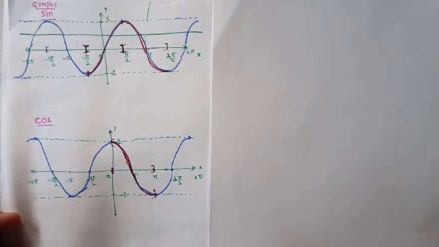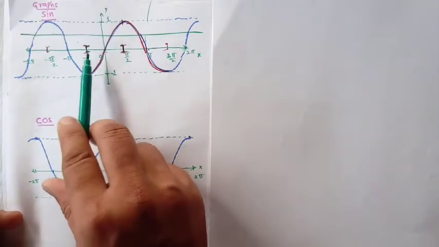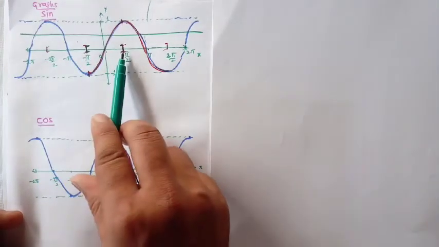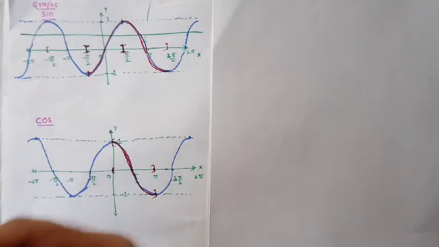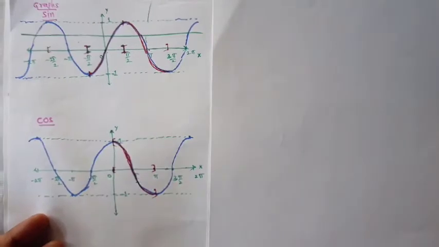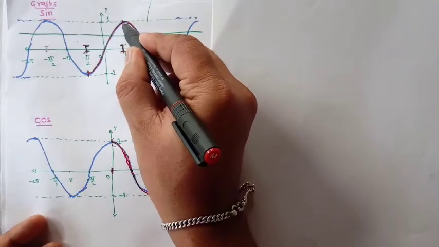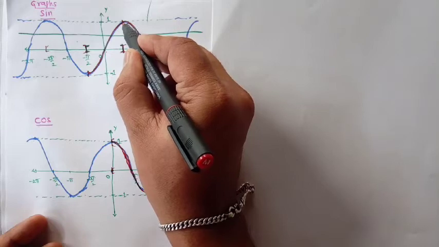restricting the domain to the particular place, minus pi by 2 to plus pi by 2. Then this will be your graph, from here to here. This will be your graph of the sine.